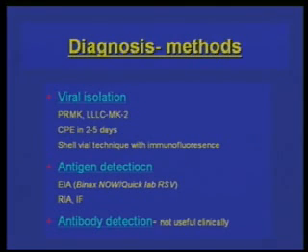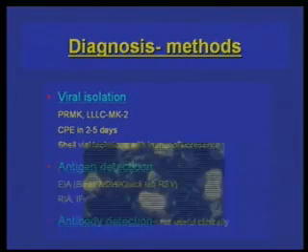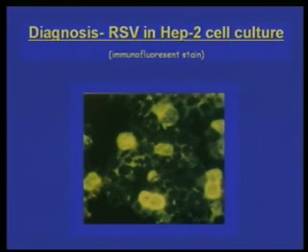But many times, if you don't get the right specimen, it may come back negative. And so sometimes we end up sending more than one specimen to make sure whether it's truly negative or positive. And as we mentioned, the antibody tests really don't help us clinically. They're more for epidemiologic purposes.